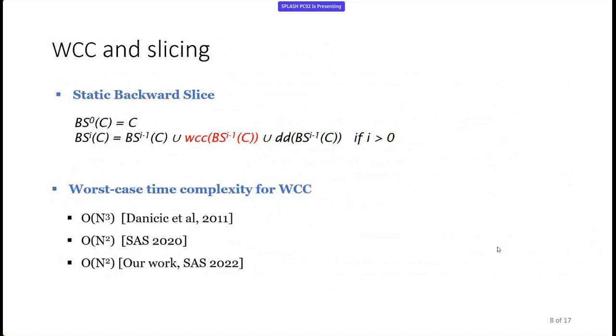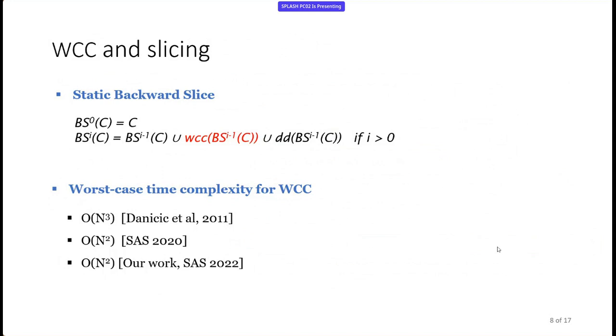Now, if we replace control dependencies by the weak control closure here, the slicing approach will be able to slice non-terminating programs as well. But you see that in these equations, the weak control closure will be computed again and again. So we desire that this computation must be efficient. The original algorithm provided by Danicic had cubic time or space complexities.